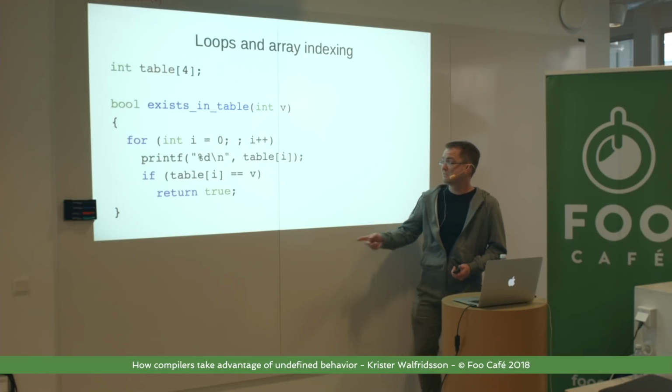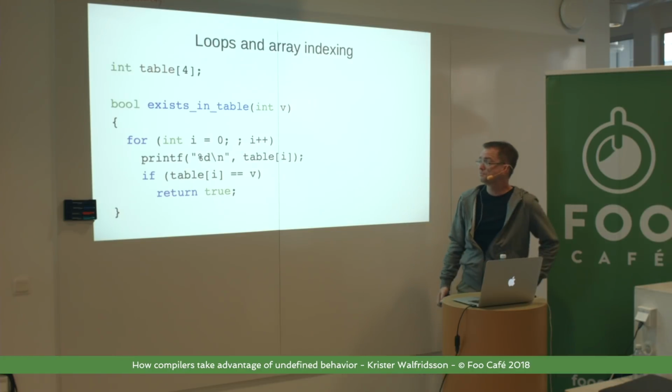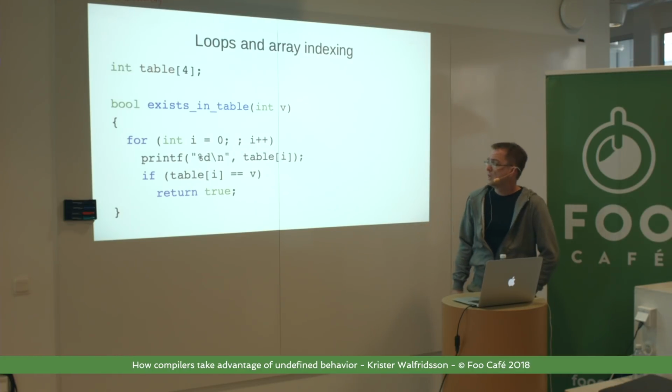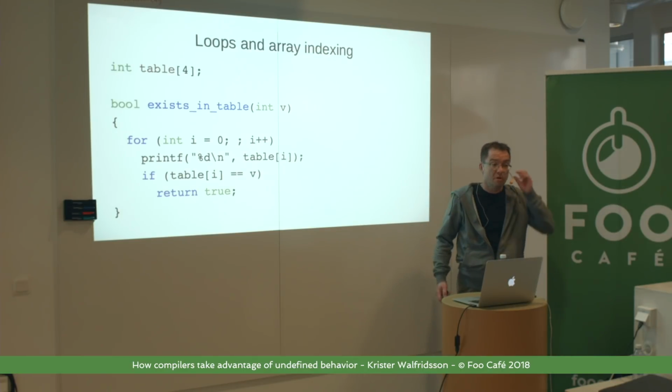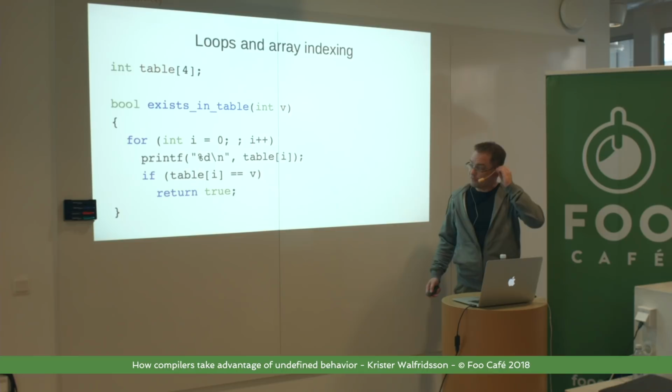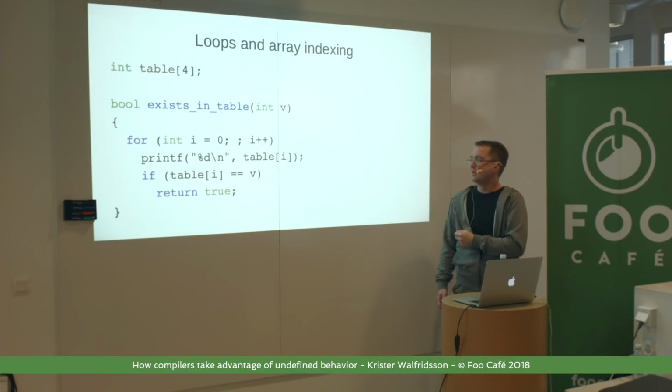So we see that we can remove this and make the loop infinite. And we now have side effects in this. We cannot just return true. So if you had this function, it would be reasonable for the compiler to do an infinite loop here that just prints out byte for byte after the array until it crashes.